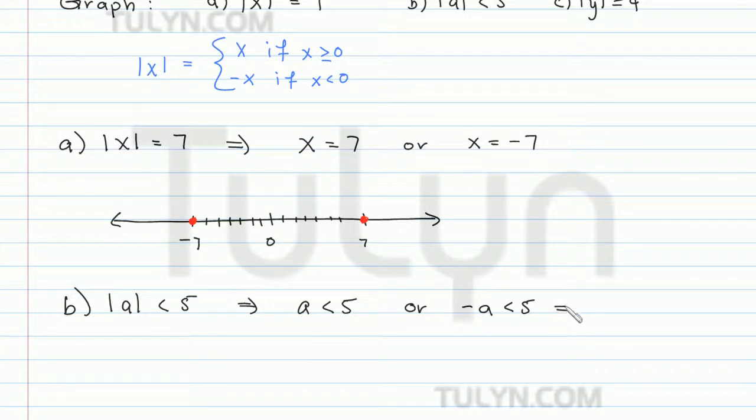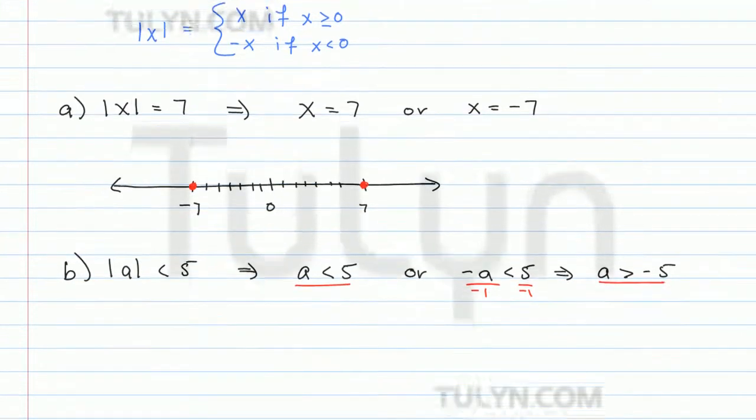Negative a is less than 5, if we divide both sides by negative 1, we get that a is greater than negative 5, right? Because whenever we divide or multiply an inequality by a negative number, it switches the sign. So in this case, we have that a is less than 5 and a is greater than negative 5.